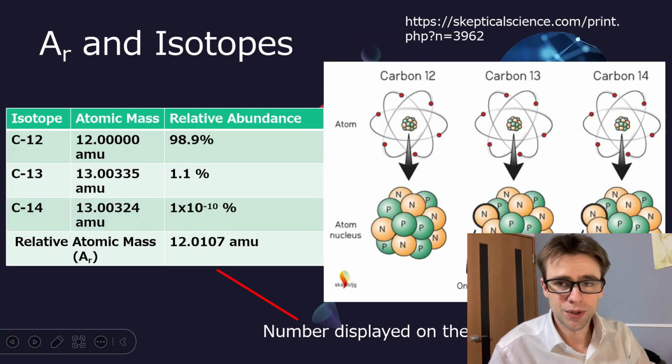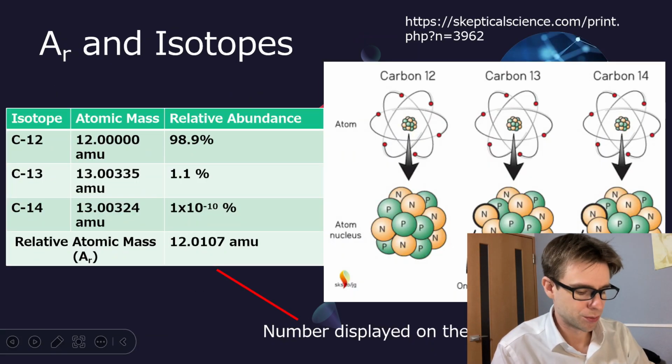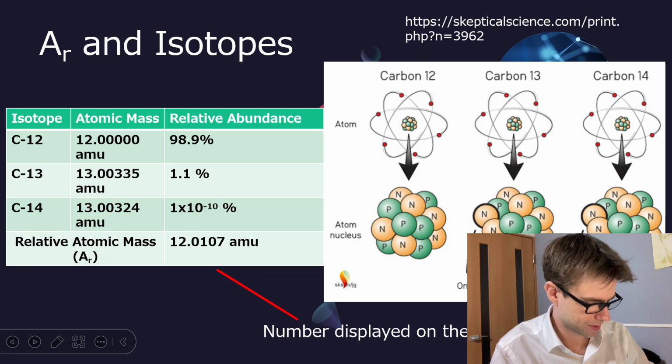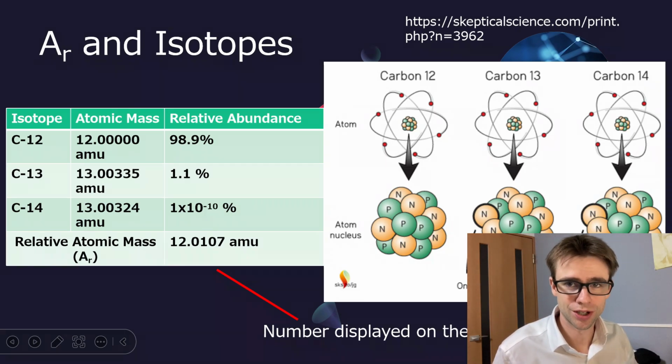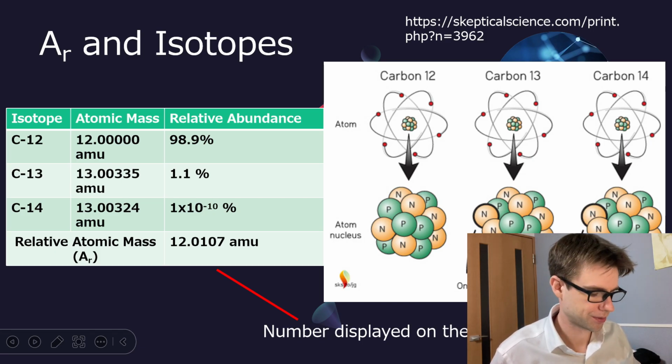I just want to talk about how this is linked to isotopes as well. If you watched my atomic structure video, you'll know the first time I talked about relative atomic mass was on this slide. I introduced there are 3 isotopes of carbon: 12, 13, and 14. They all have different relative abundances. You can use a weighted average calculation to calculate what we would predict to measure for any random sample on Earth.